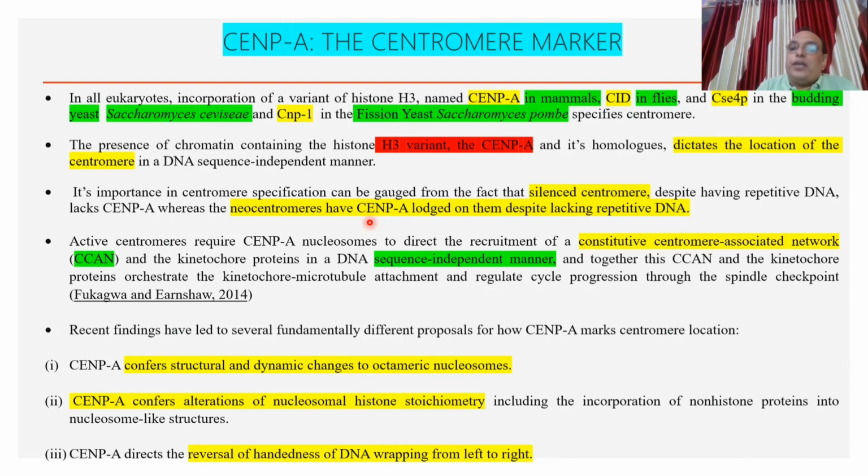Even if there is no repeated sequence there, that is, satellite sequences are lacking, the attachment of CENP-A will induce that segment to function as a centromere. So what is important for functioning as a centromere? It is the attachment of CENP-A or other variants like CID, CSC4, CNP1, whatever you may call them. If you want to refer to all these collectively, it would be better to call them CEN-H3.